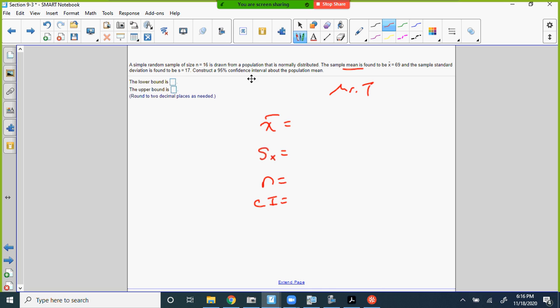So let's see. n is 16. The sample mean is found to be 69. Standard deviation happens to be 17. And the confidence level is 0.95. And when you do this, you get 54.94 for the lower bound and 78.06. Well, I'm rounding it.